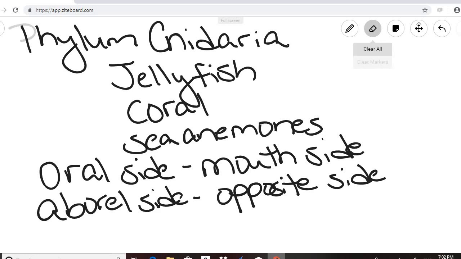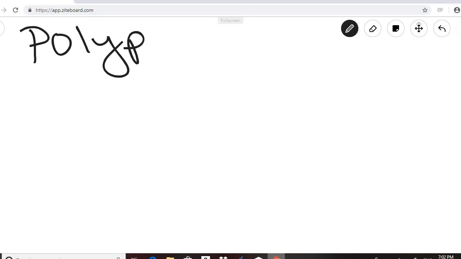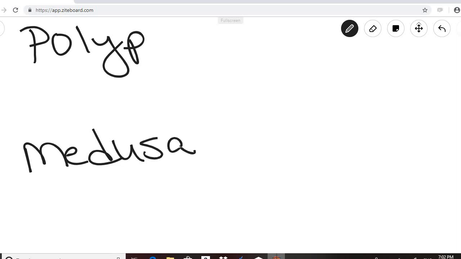Most of the organisms in phylum Cnidaria come in one of two shapes, and for some of them, they will have one shape during part of their life cycle, and the other shape during another part of their life cycle. So some organisms could have different shapes depending on the stage of their life cycle.